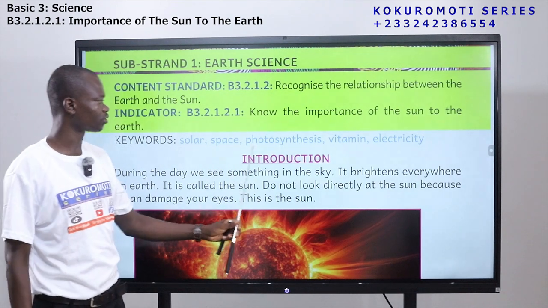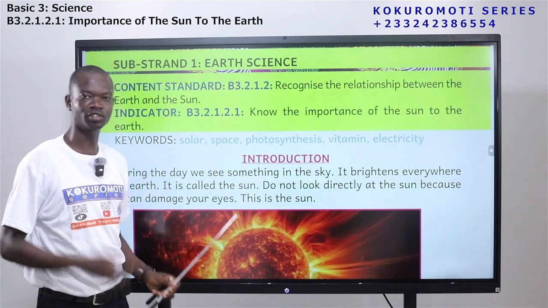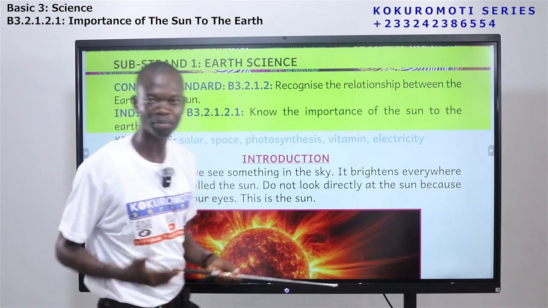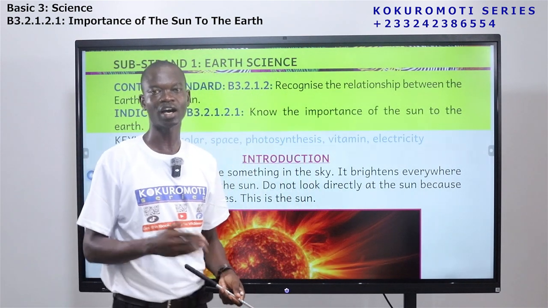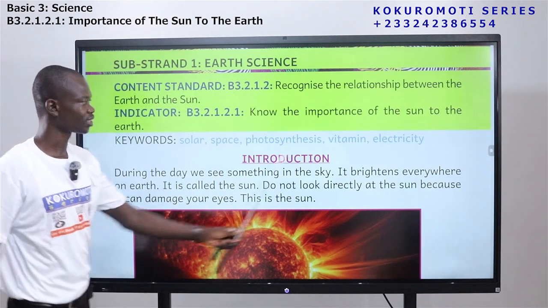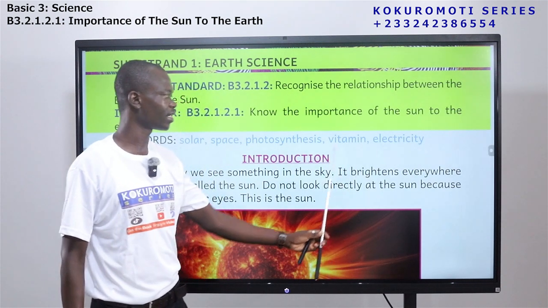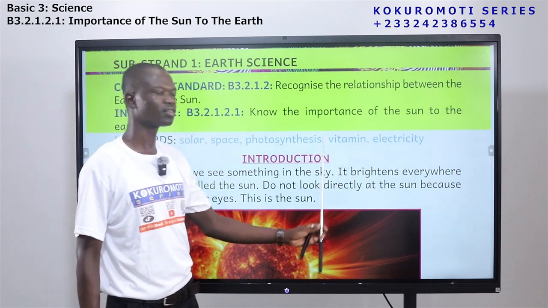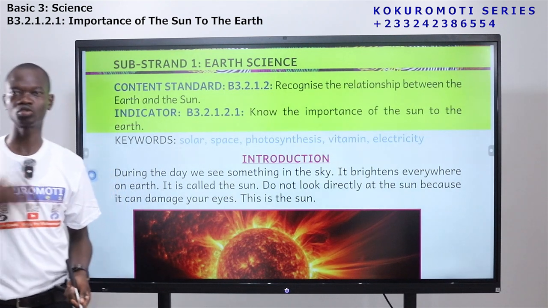The next word is photosynthesis. Photosynthesis is about how plants make their own food by using the sun. The next one is vitamin. Vitamin is something that we need as humans to grow.